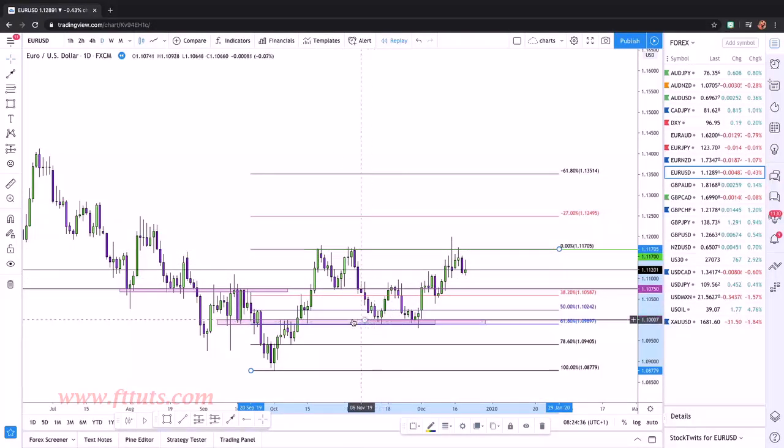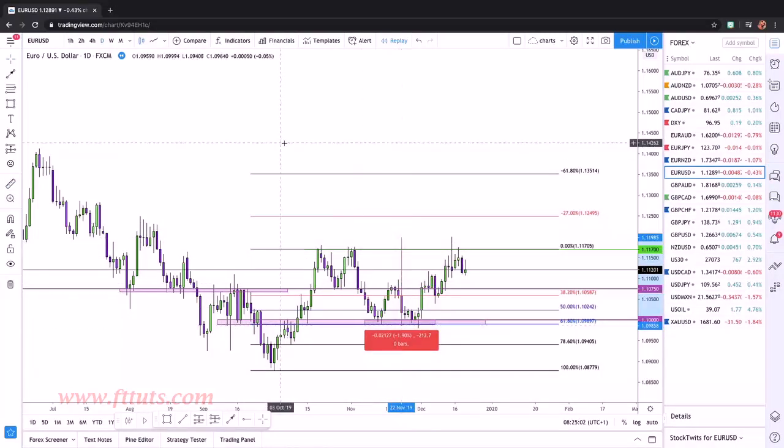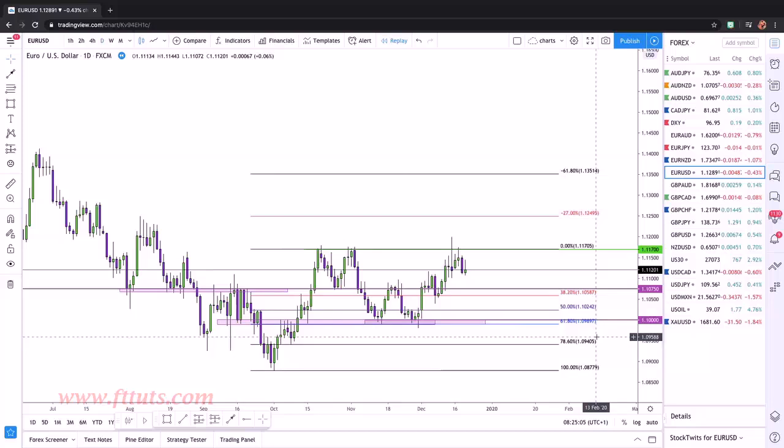So again, it's respecting structure from here, and it also is going off the 61.8 retracement level. So 61.8 is the best, because from 61.8, that was almost 200 pips. Actually, with the wick, I think it was over 200 pips. So fib levels work really good with key levels. So you just have to know how to use them properly.